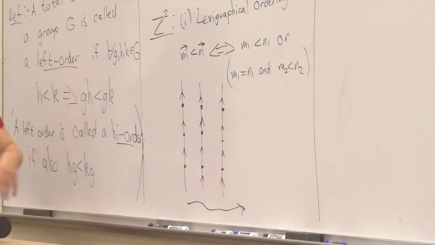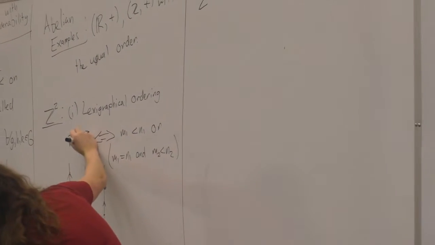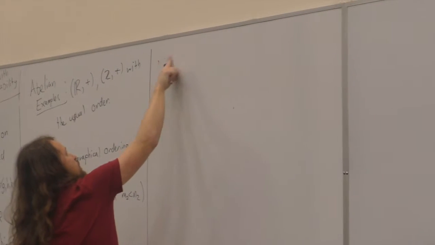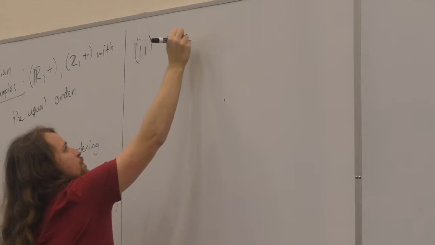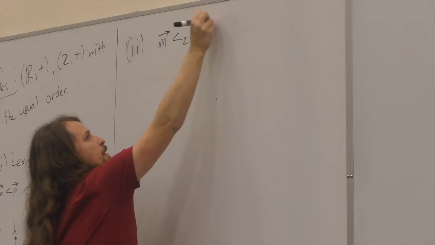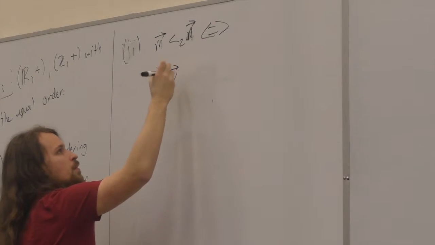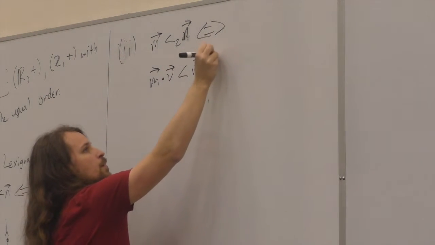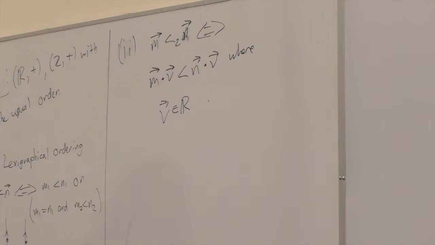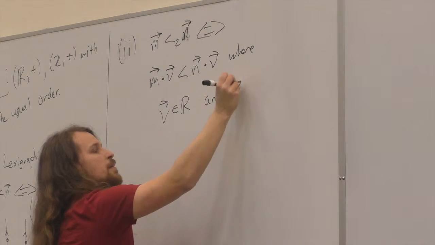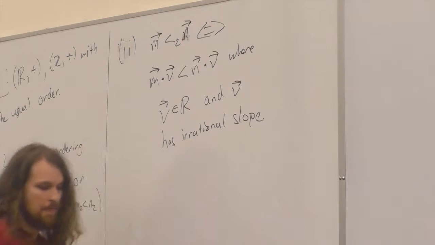Okay. So something else you can do with Z squared, and I think I want to call this our first order with Z squared. So here's v.